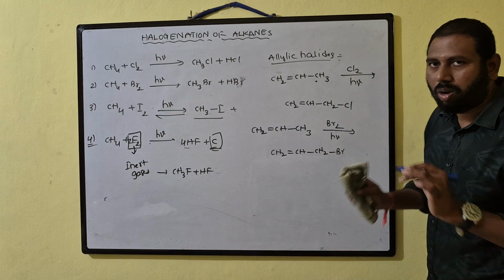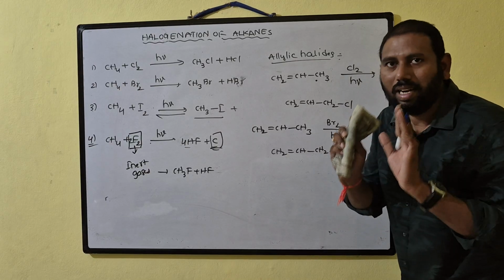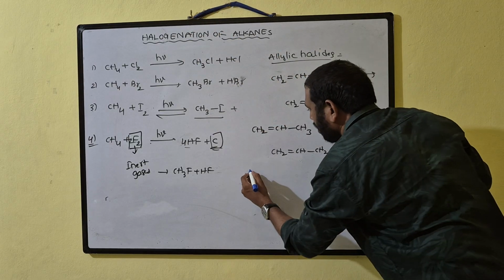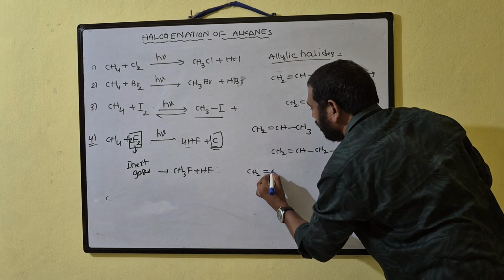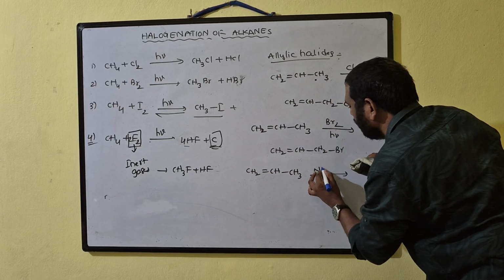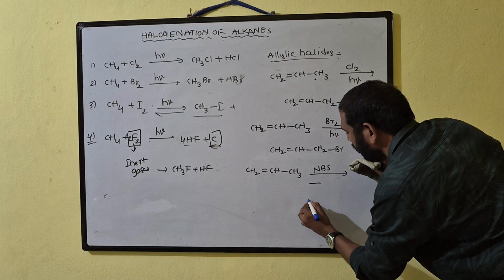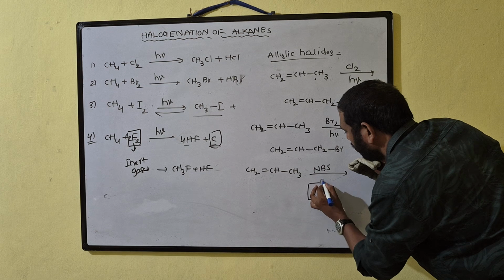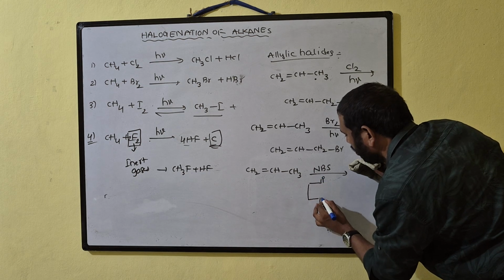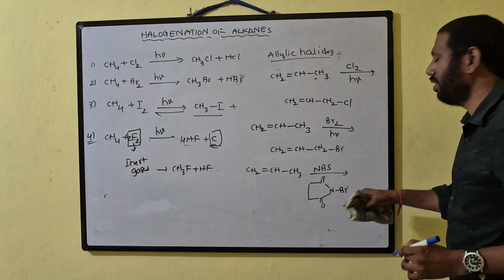Allylic bromide can also be prepared by an alternative method using N-bromosuccinimide, NBS. CH2=CH-CH3 with NBS, N-bromosuccinimide, the structure is shown.